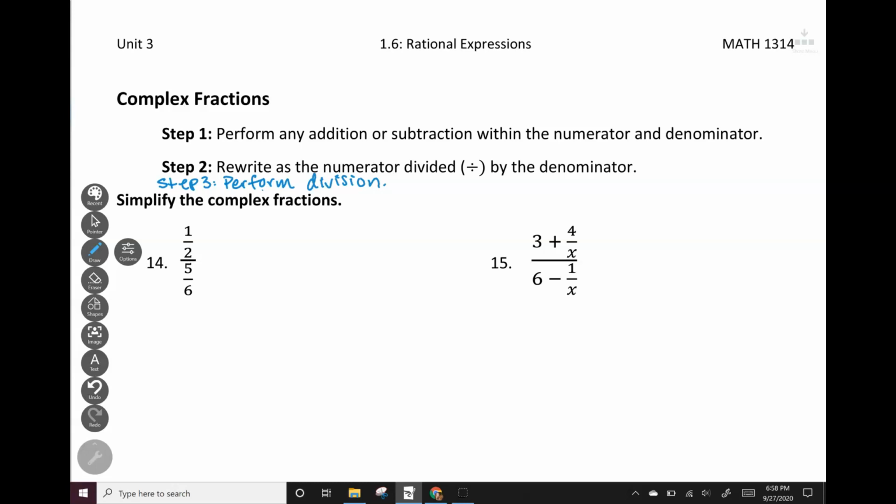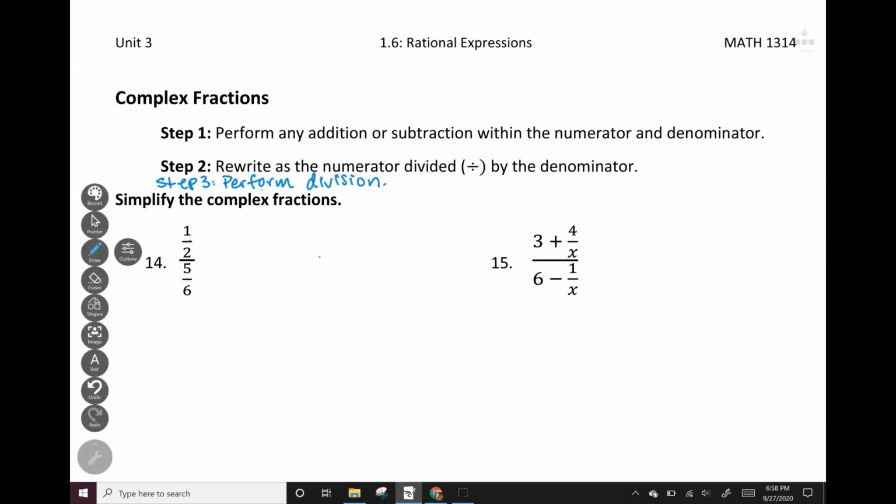So let's look at number 14. There's actually no addition or subtraction in the numerator or denominator, so we can skip that. But let's look at what I mean by rewriting this. This literally means 1/2 divided by 5/6. So I can rewrite this as 1/2 divided by 5/6, and we know how to handle that because we did that yesterday.